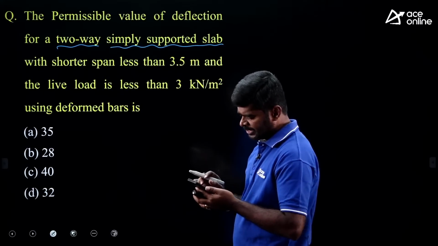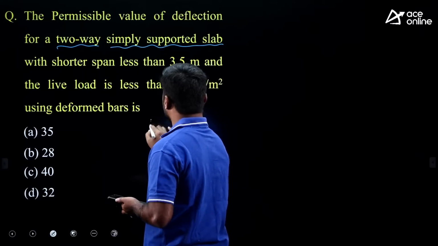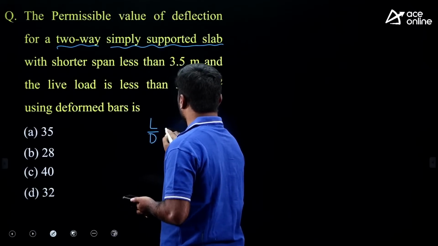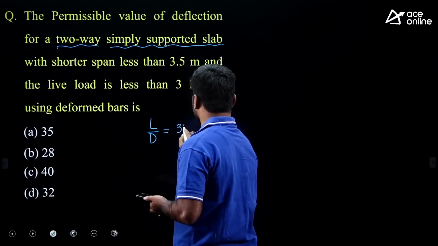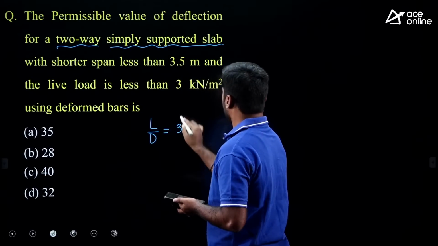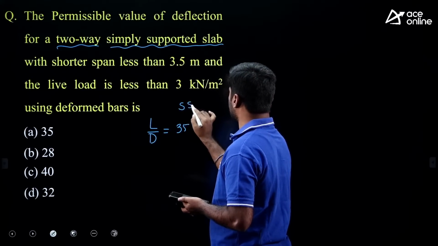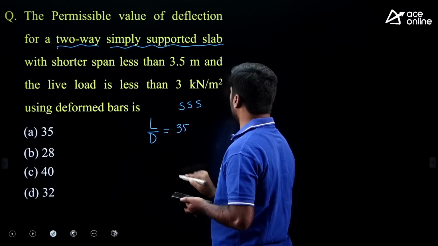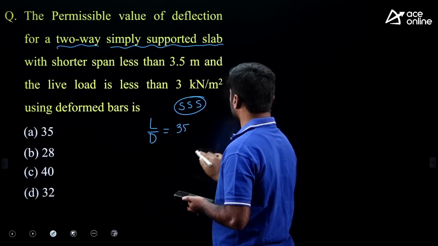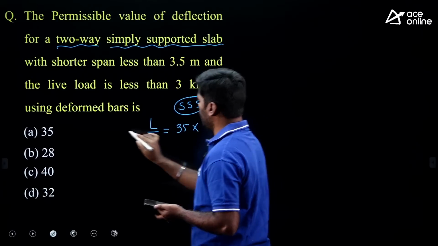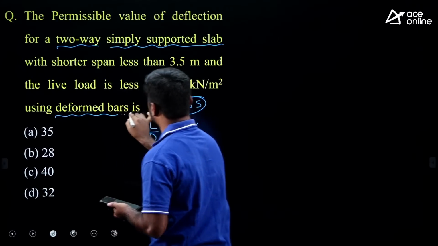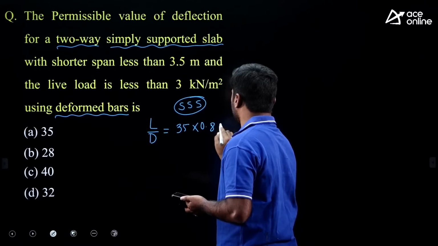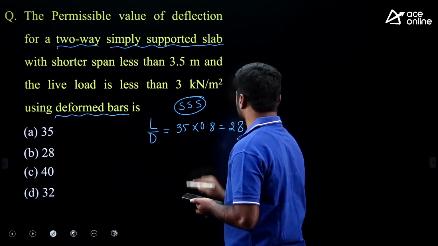Good, nice, great. My dear, L by D value for a two-way slab is 35 if it is simply supported slab, that too with a mild steel. Suppose if it is deformed bar, clearly mentioned here using deformed bars, multiply with 0.8, you will get 28.